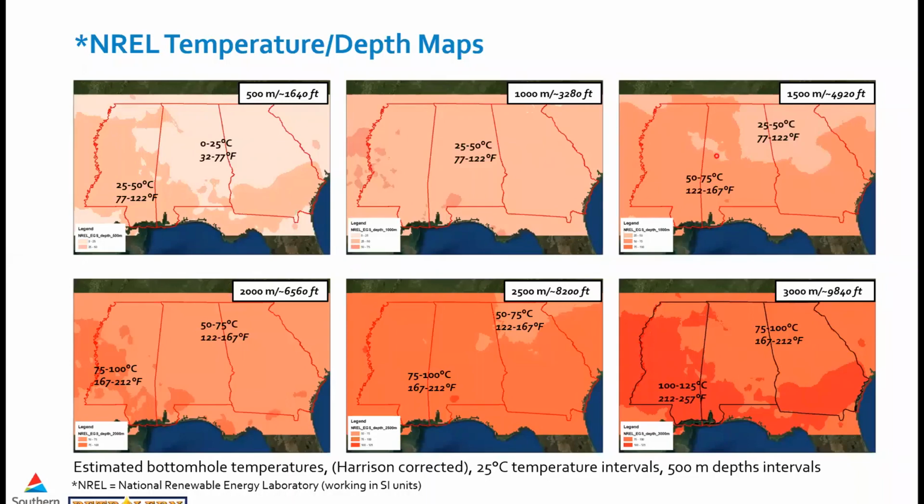And then it just continues all the way down to 3,000 meters. At this depth, you can see you have a corner to the northeast, which contains temperatures between 75 to 100 degrees Celsius. And down here to the south, it's 100 to 125 degrees Celsius, both in Mississippi, a small part of Alabama, and in the southern part of Georgia.